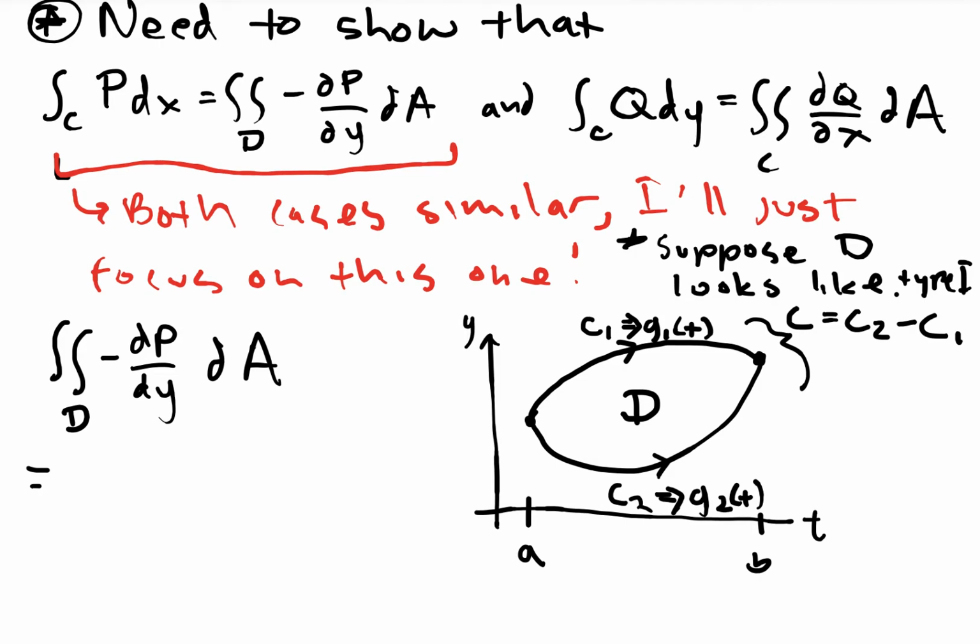The way that I've set this up, your usual cheater orientation for parameterizing curves as you go in direction of increasing t. So you'll notice that I actually set these up so both of these segments point left to right.